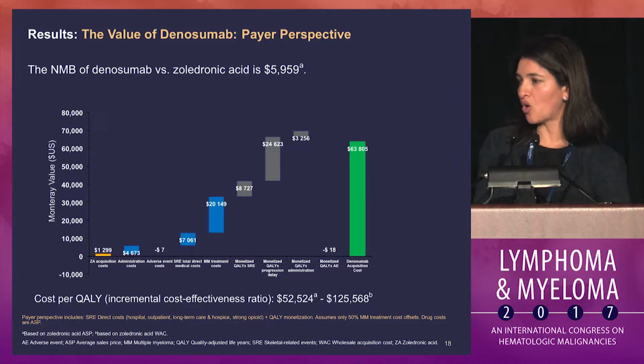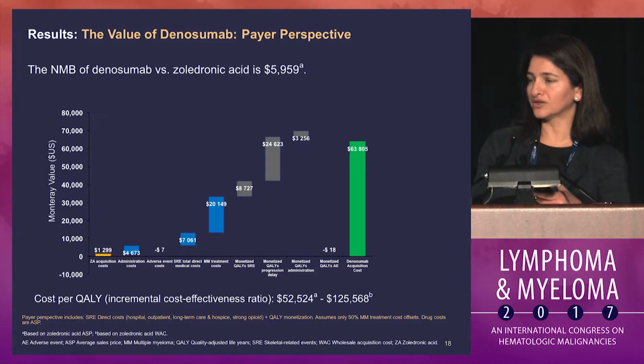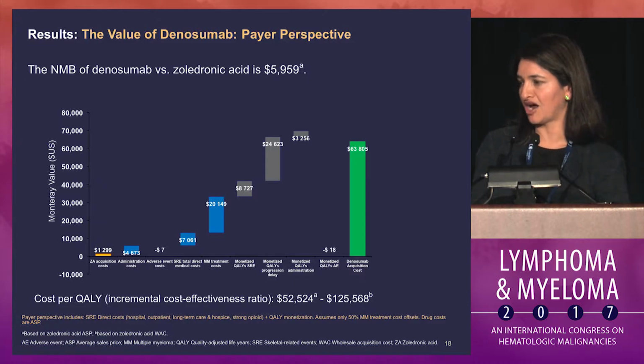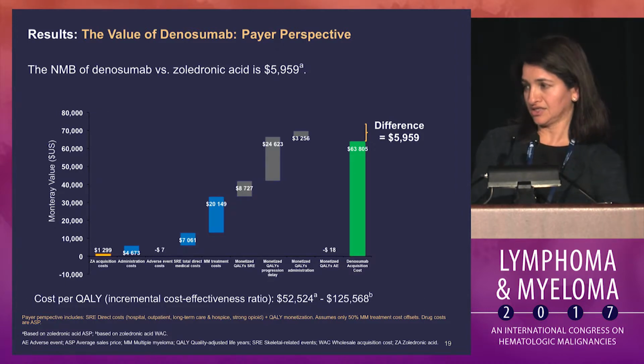And when you count all of these up and calculate them based on the data set from these 1,800 patients, we found that there was really a difference of zoledronic acid costing a little bit more than denosumab, and that amount was close to about $6,000.